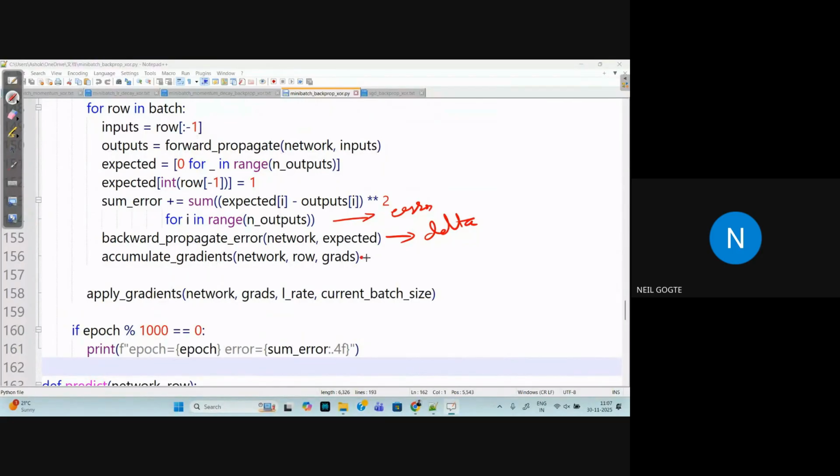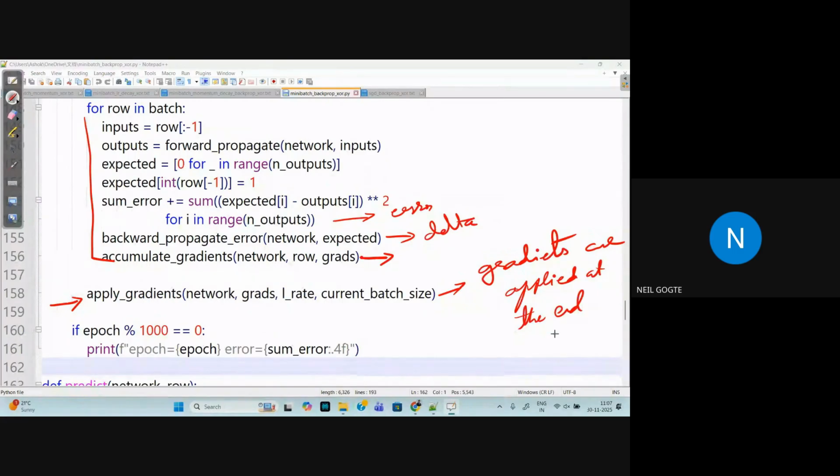We are only accumulating the gradients here for the batch, and this goes on for every sample in the batch. Then outside the for loop, we apply the gradients at the end of the batch, as it should be.